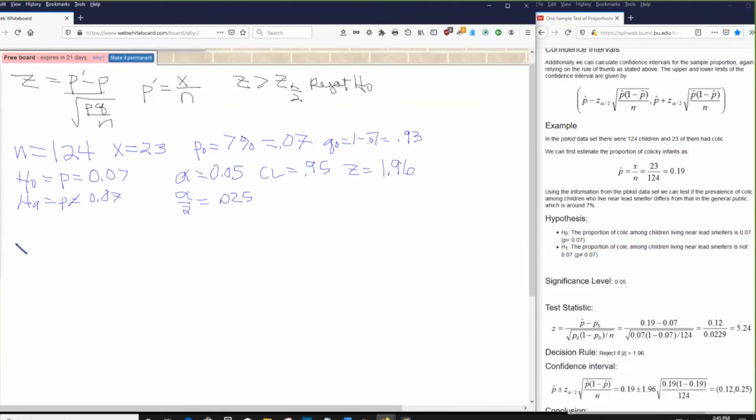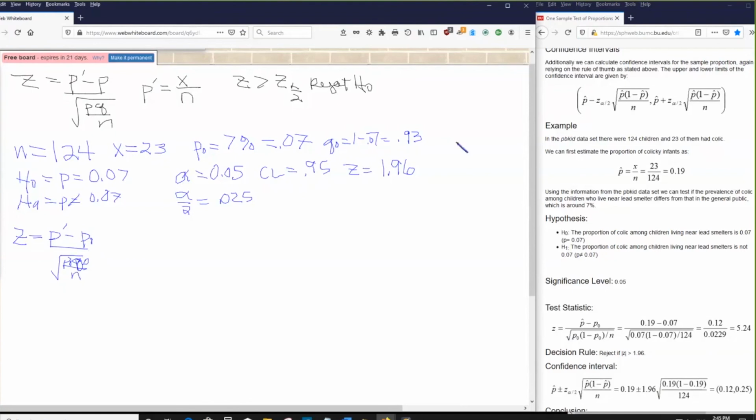So then we're going to solve for our z statistic, which is going to be p prime minus P0 over the square root of P0 Q0 divided by n.